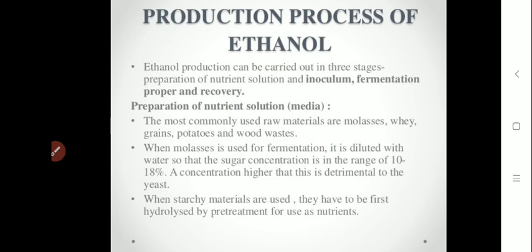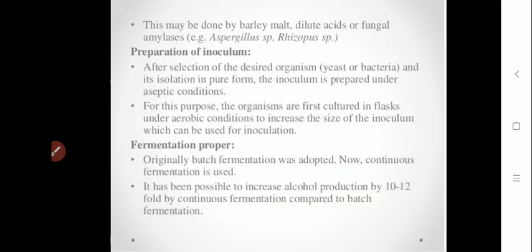Then if starchy material is used, as we have already learned in the last session, it is very important to carry out a pre-treatment process of the starchy material. So it is first hydrolyzed by using acidic or enzymatic action. The hydrolysis of starchy material is carried out, and then it is used as a nutrient in the fermentation process.